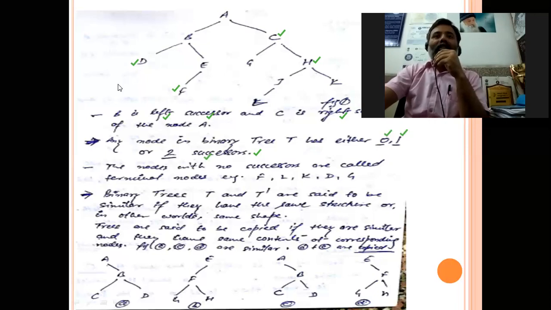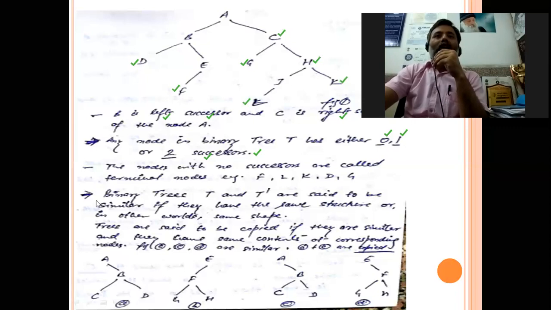In this figure, you can see that F, L, K, D and G have no successor. The node which has no successor, we say it is a leaf node.